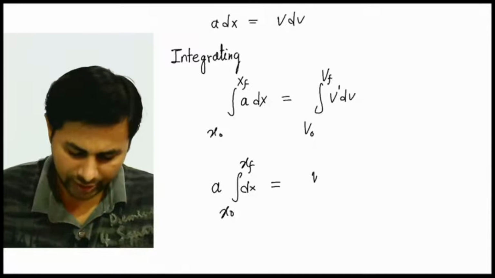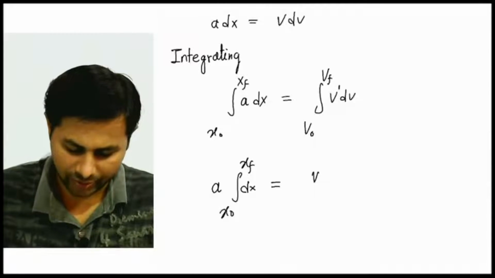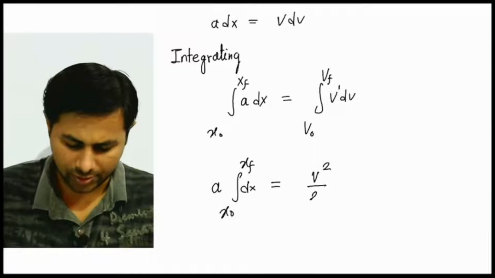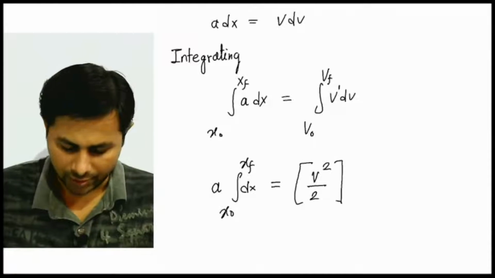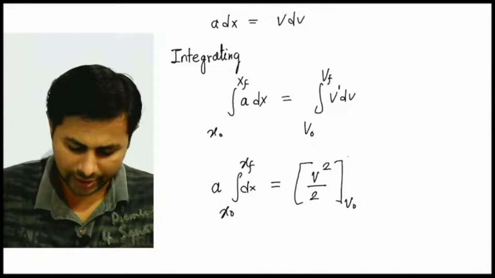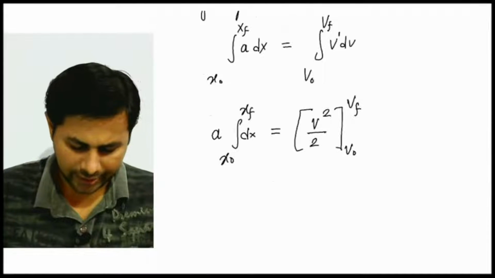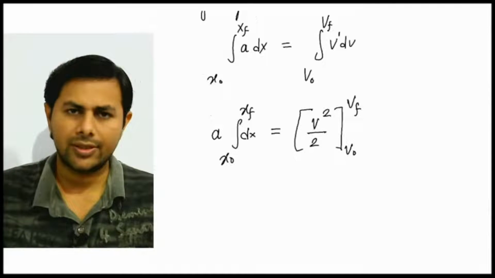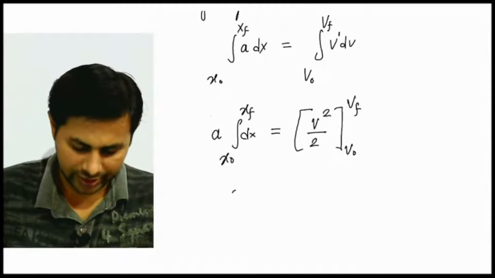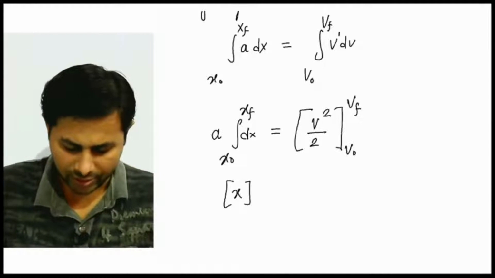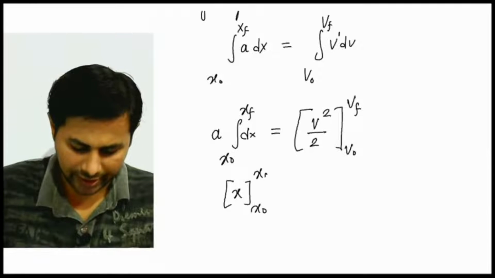So that is v raised to 1 plus 1 divided by 1 plus 1, or v raised to 2 divided by 2. The lower limit is v naught and the upper limit is vf. And then on left hand side I have integral of dx, which is x. The lower limit is x naught, upper limit is xf.